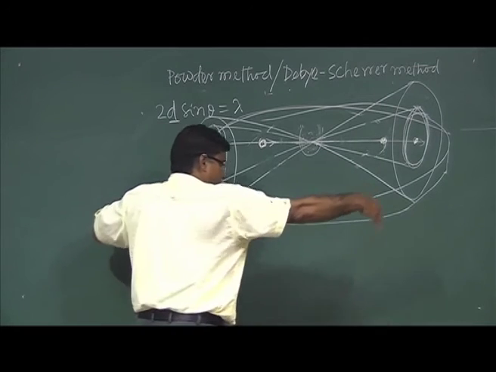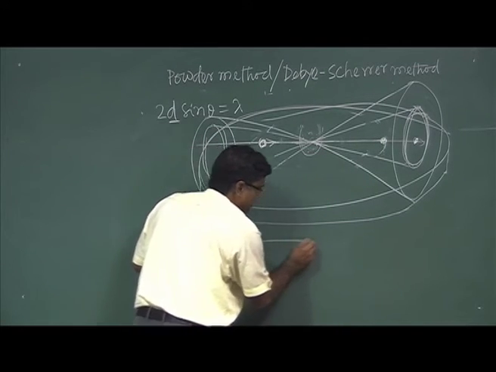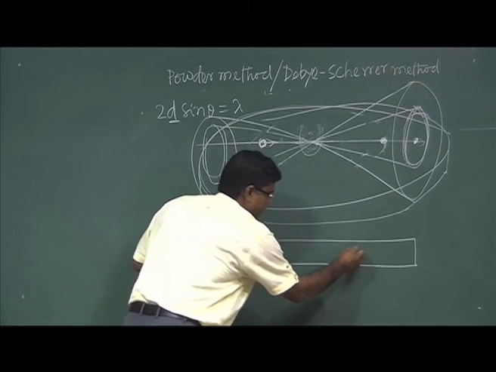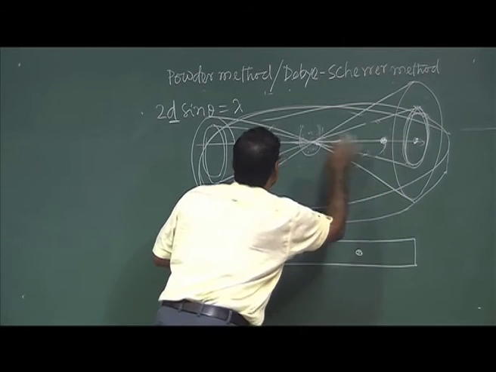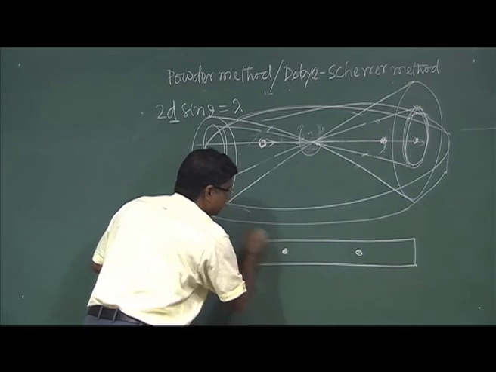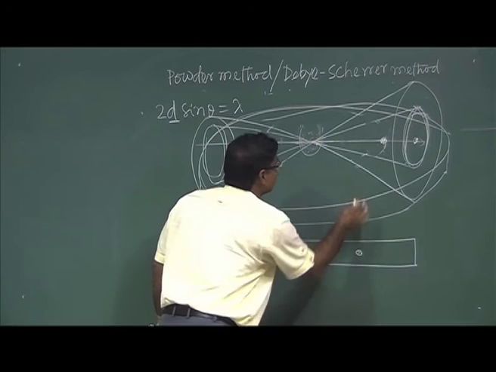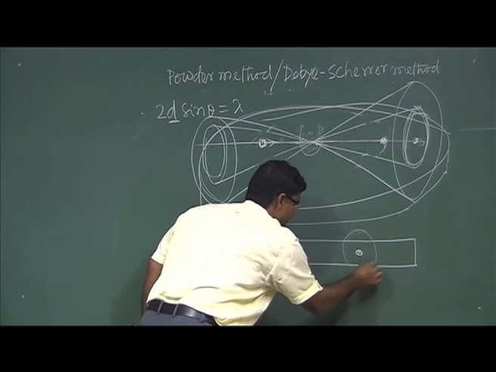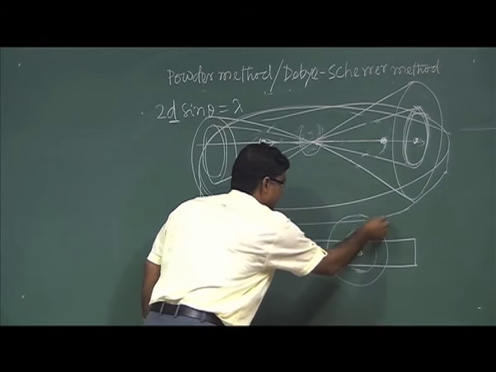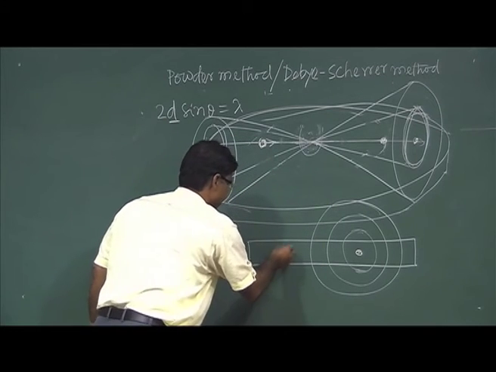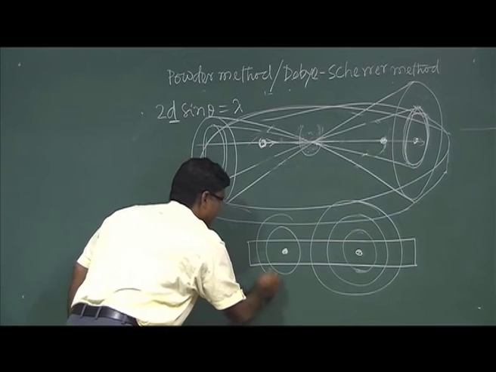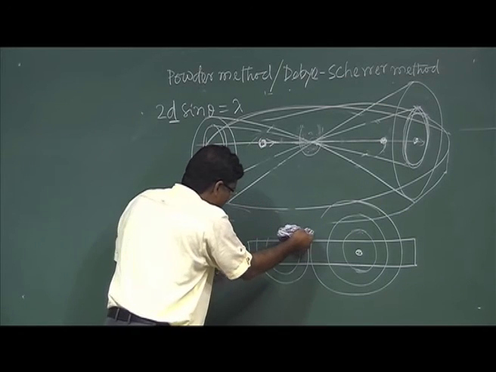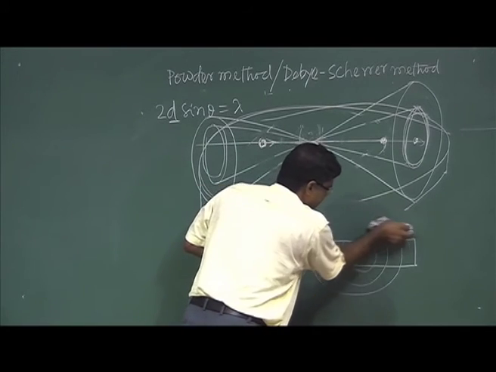Now it was in circular form, but if I make it straight, there is one hole here, and on the photographic plate another hole here, and with respect to the holes, these circles are there.